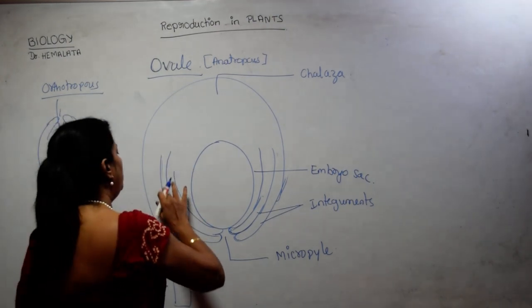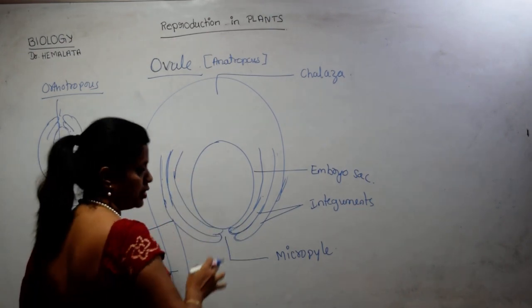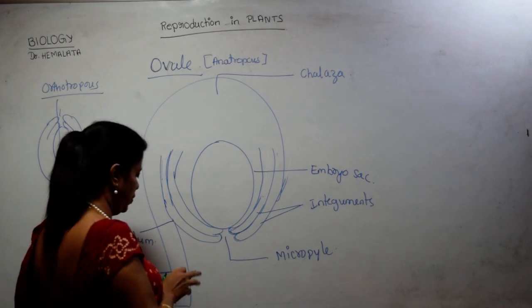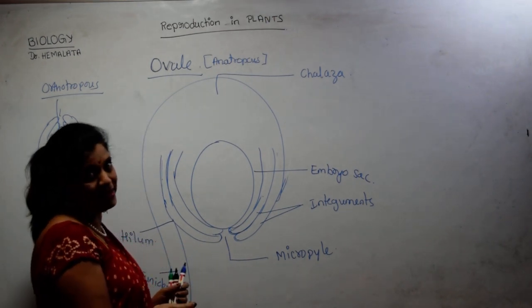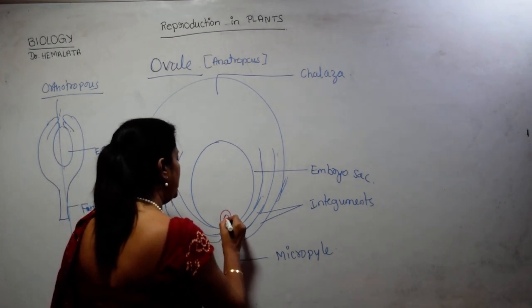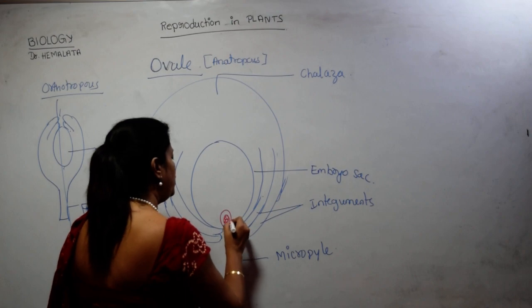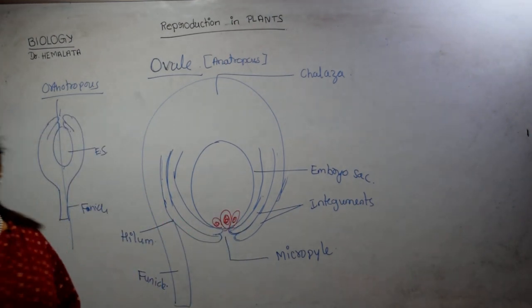Right now, let me give you the details of this embryo sac. This embryo sac possesses a number of nuclei and haploid cells. The one present at the basal area is a large nucleus cell we call the egg. On either side you get synergids.